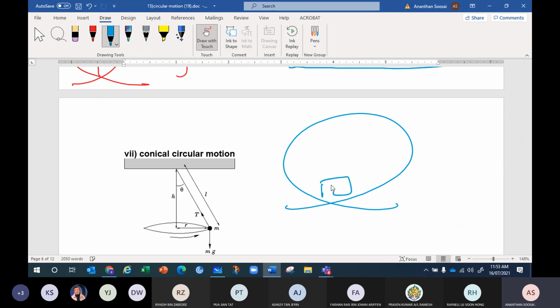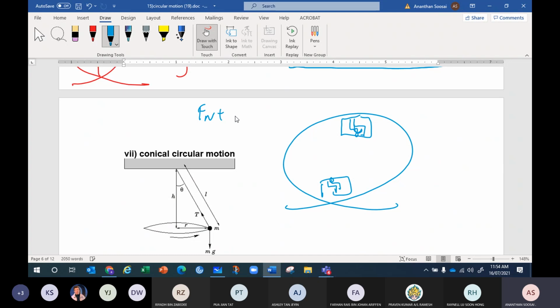Let's say this is the chair and you are sitting here. When you go to the top, the roller coaster will be upside down. The chair is upside down, so you will be upside down. Remember, of course, on your shoulder there is an iron bar holding you. So if you are circulating, when you go to the top, what's the equation at the top?